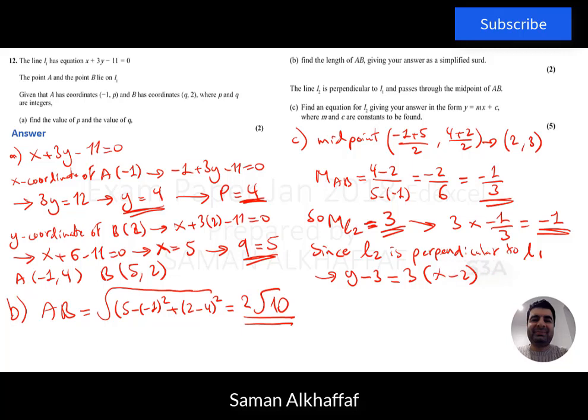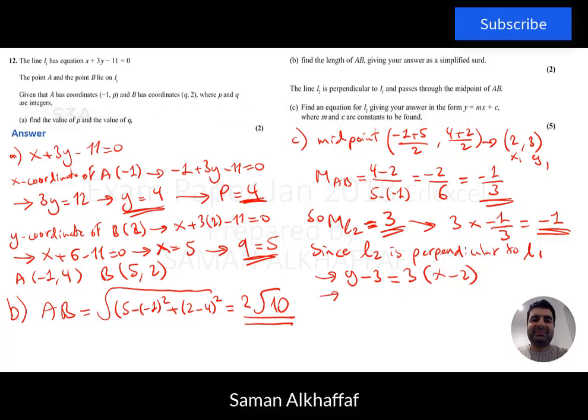This is the equation of the line, y minus y1 equals the gradient 3 multiplied by x minus x1, where 2 and 3 come from the midpoint coordinates, x1 is 2 and y1 is 3. This is where the 3 and the 2 are coming into the equation. Now we will rearrange this equation.